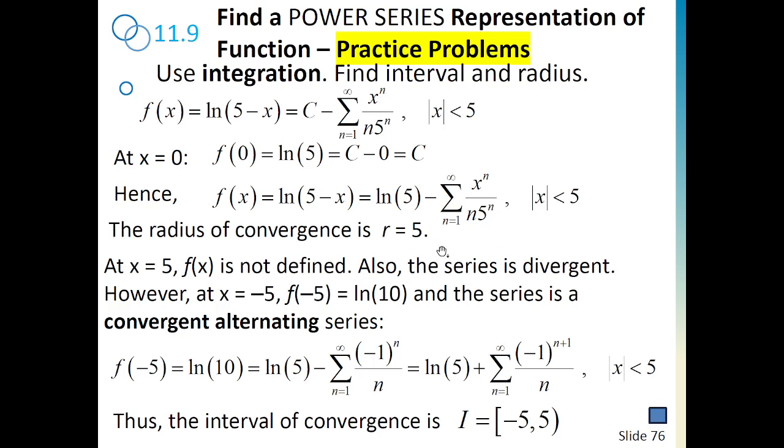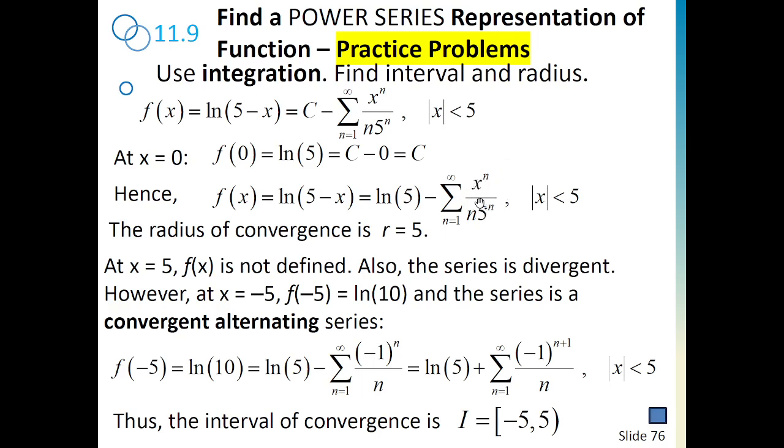That's cool. Now x equal minus 5. If I plug in minus 5, I'll have 5 minus minus 5, so this will be 5 plus 5, so ln 10. So that's a number that exists. Here, if I plug in minus 5 instead of x, I'll have minus 1 to power n, 5 to power n, so 5 to power n will simplify.